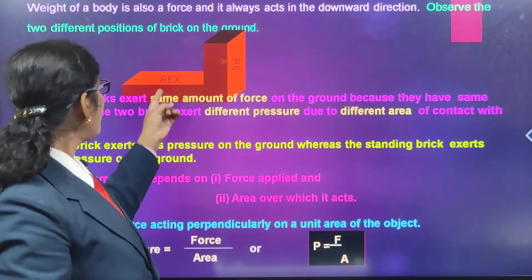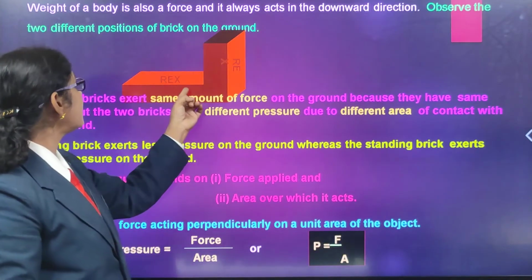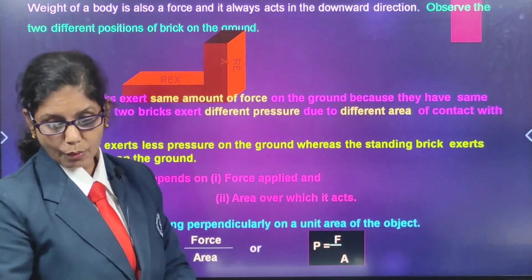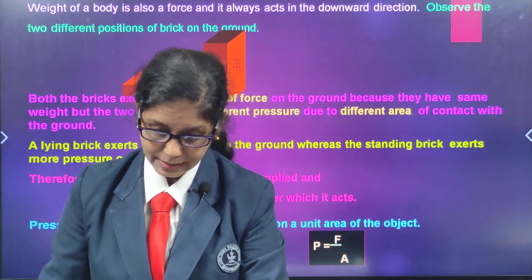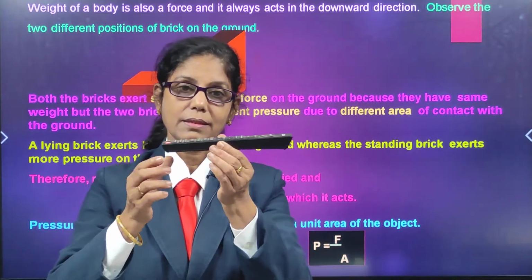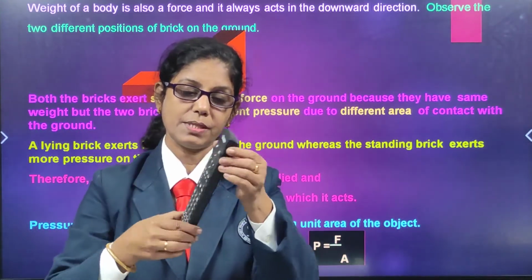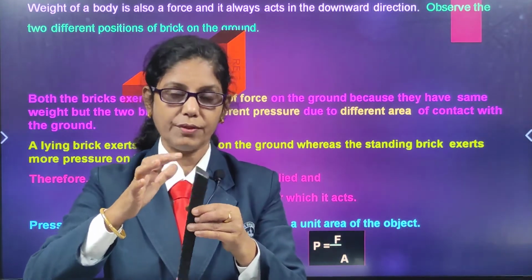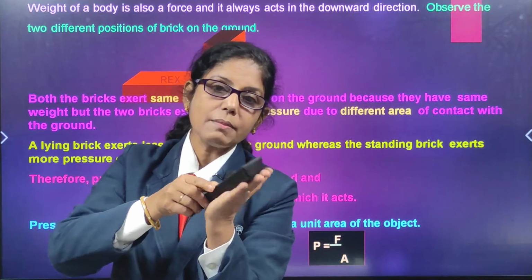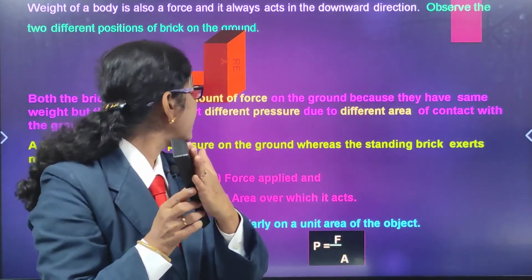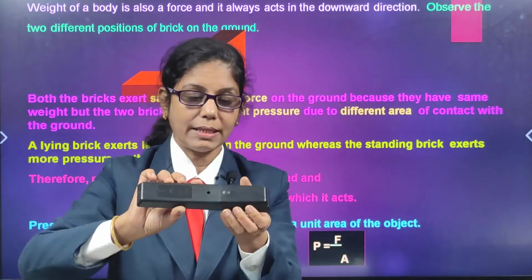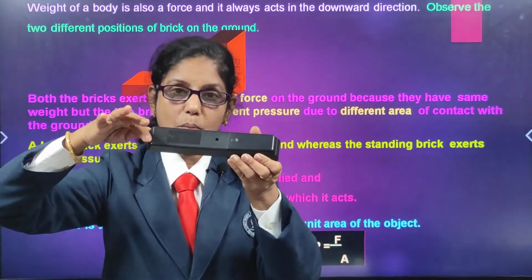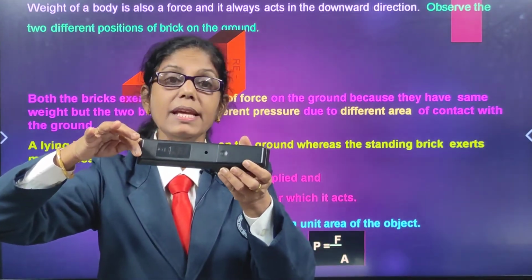Now we can take, see here there is a brick. When you are having a thing like this, cuboidal shape, see here it is a face, here it is a face, here it is a face. When this part comes in contact, what happened? This full part, that is the area is more, therefore the pressure will be less.